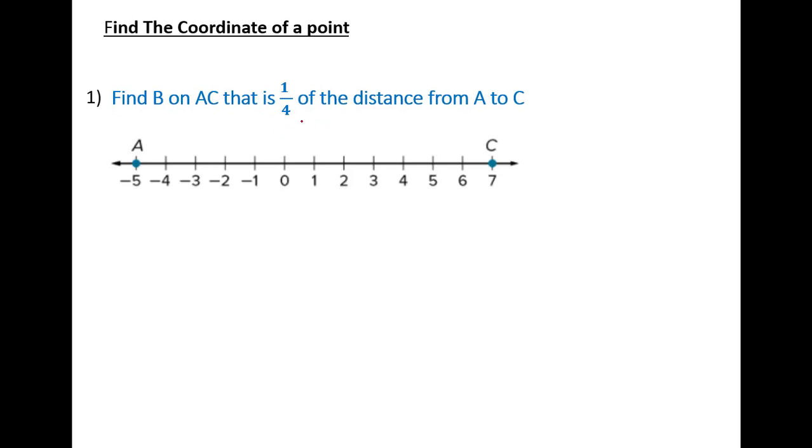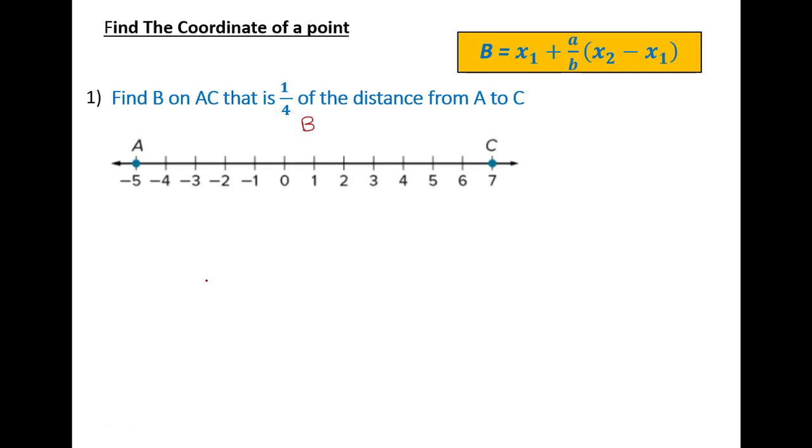B is something in the middle here, I don't know where yet, such that B is 1/4 of the distance from A to C. Now, I have a rule to find this. My rule is B equals x1 plus a over b multiplied by the difference x2 minus x1, which is the distance.